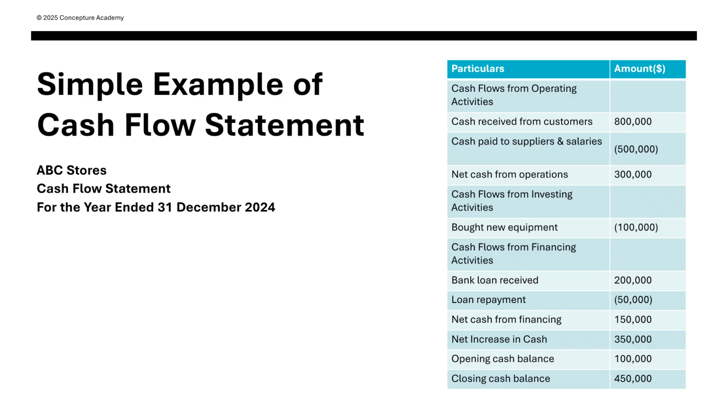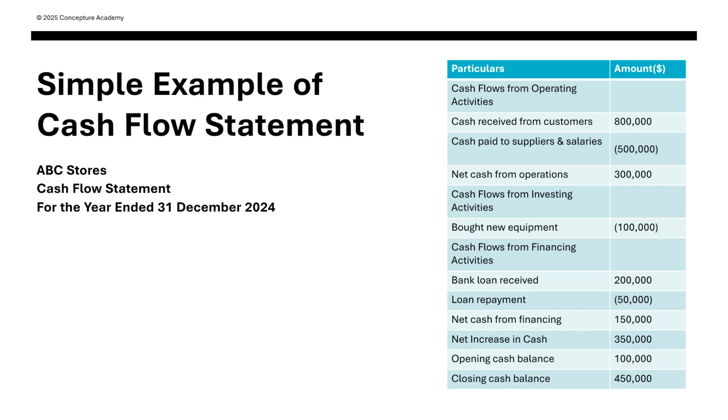Here's a simple example to understand the cash flow statement. ABC Stores got $800,000 from customers and paid $500,000 in expenses. So operating cash is $300,000. They bought equipment for $100,000, so it would be investing activity, and got a $200,000 loan but paid back $50,000.